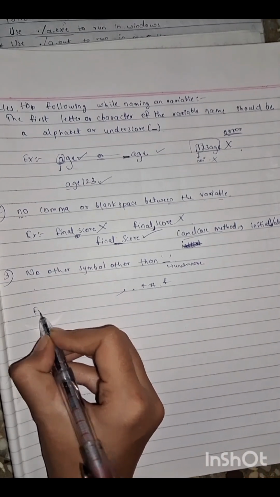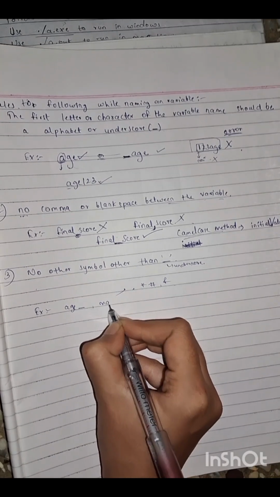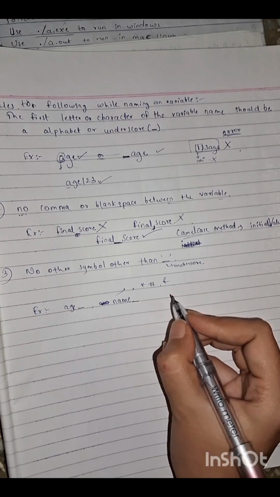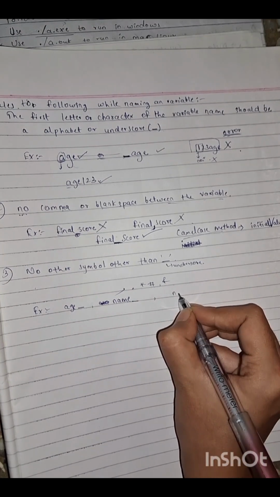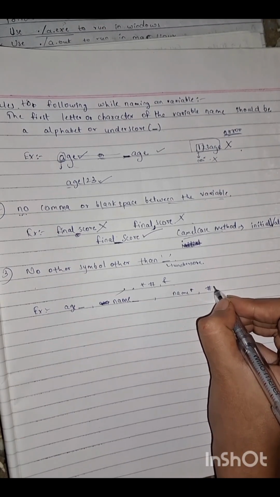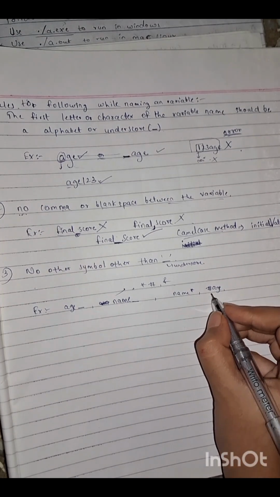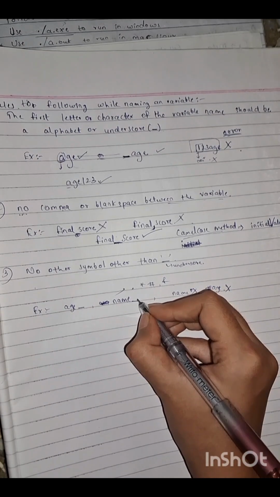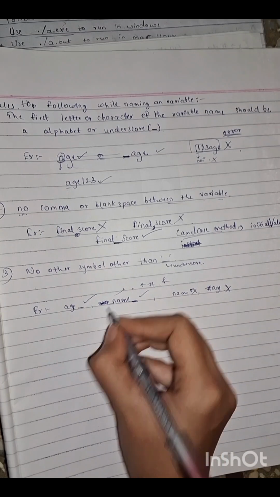Example, like we can use age_name, name_, like this we can name a variable, but we can't name star or hash age, like this we can't use, because this is not valid. This is valid, because there is no other symbol other than the underscore. You can put this anywhere.